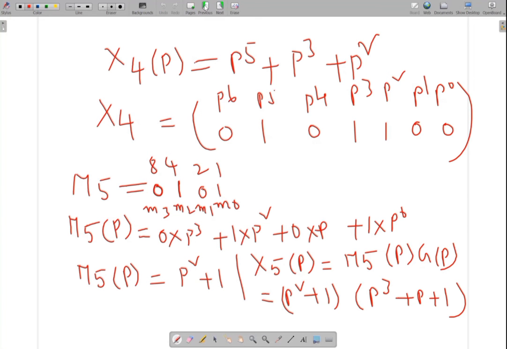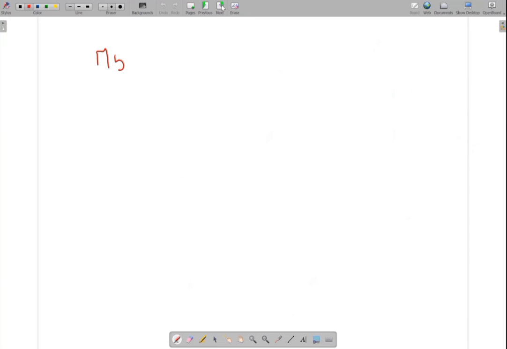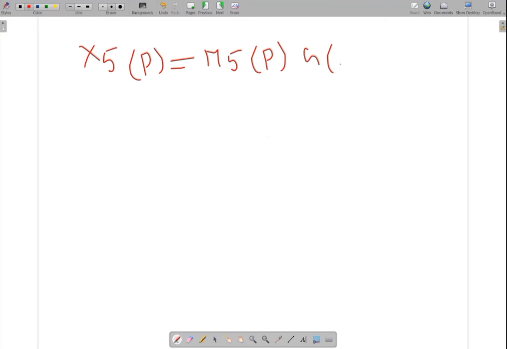Not M5 of P, x5 of P is equal to M5 of P into G of P.